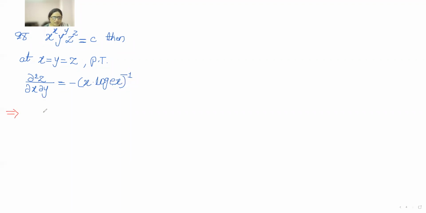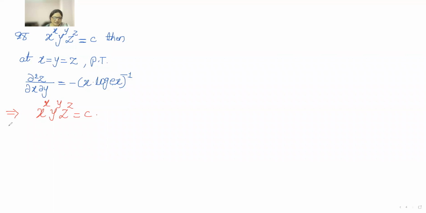The given function is x raised to x, y raised to y, z raised to z is equal to c. Now, to solve this example, we have to take log on both sides. Taking log on both sides, what are we getting? Log of x raised to x plus log of y raised to y plus log of z raised to z.